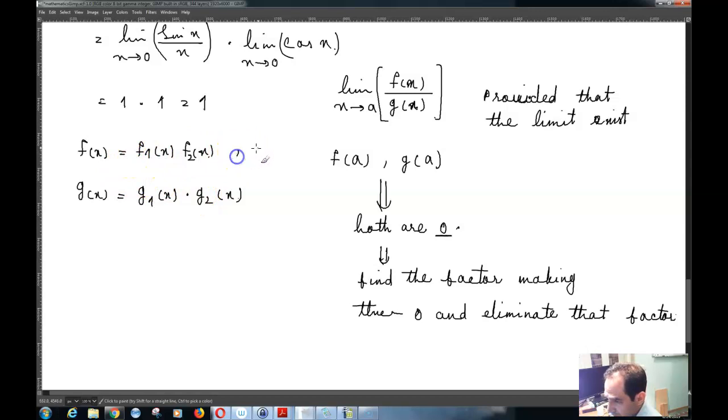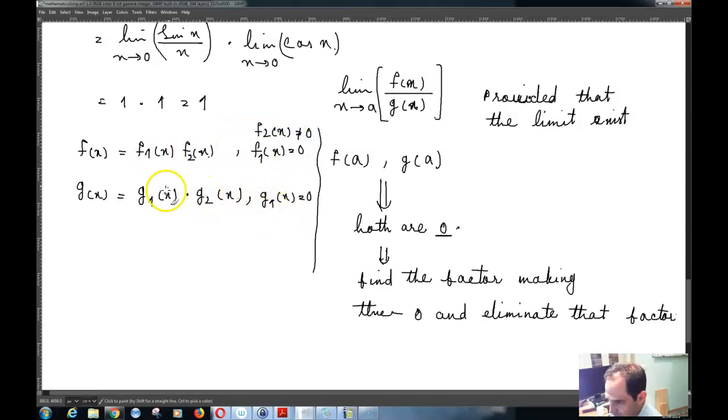Suppose that f1 of x is equal to 0, and suppose that g1 of x is equal to 0. You will do this process in such a way that f1 of x is equal to 0, but f2 of x is not equal to 0.